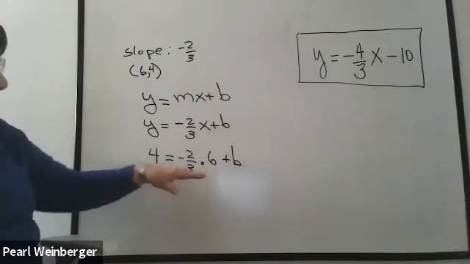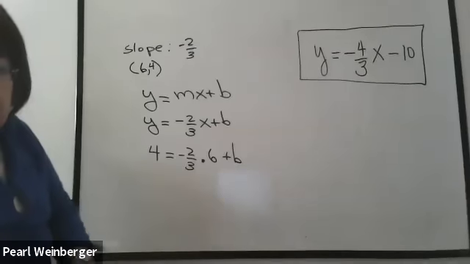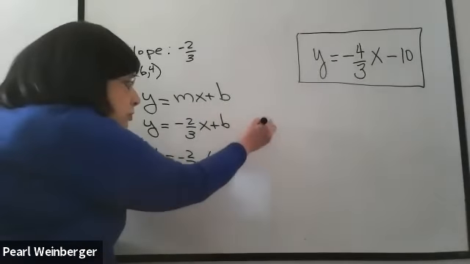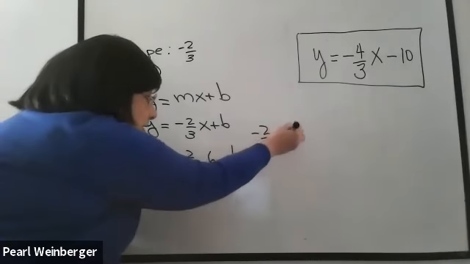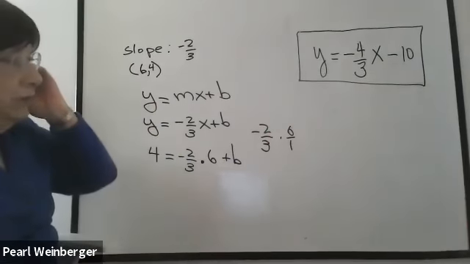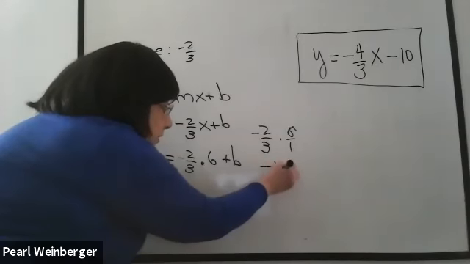And again, this is where we're going to be running into problems with the fractions mostly. We have to multiply the -2/3 times the 6, which I write as 6/1. Now, what does that give me? -12 on the top, and on the bottom it gives you 3.